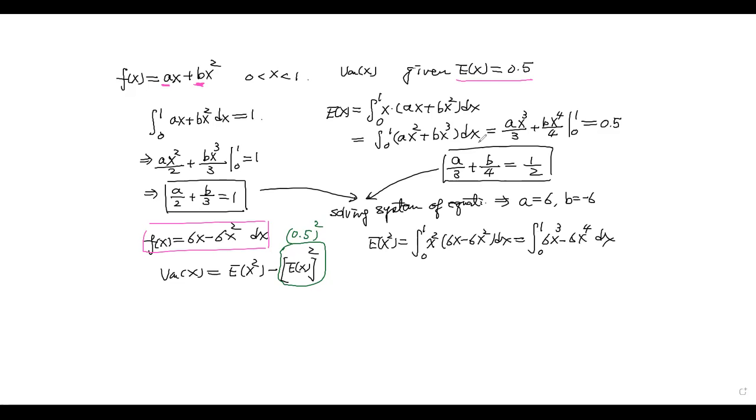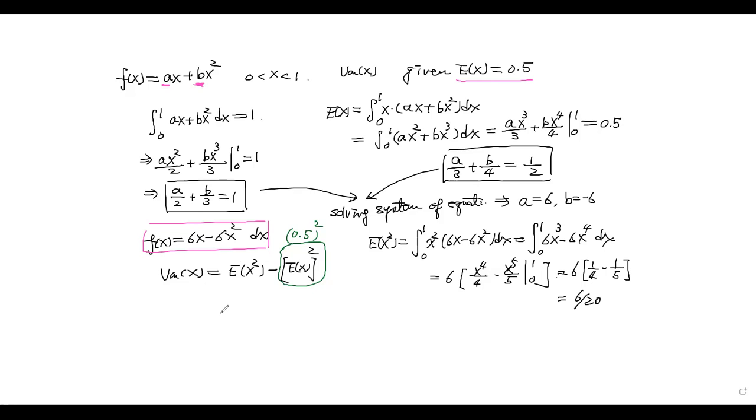I can factor the 6 out, so this will be x to the fourth over 4 minus x to the fifth over 5, and then I substitute 0 to 1. This gives 6 times 1/4 minus 1/5, which gives 6 over 20.